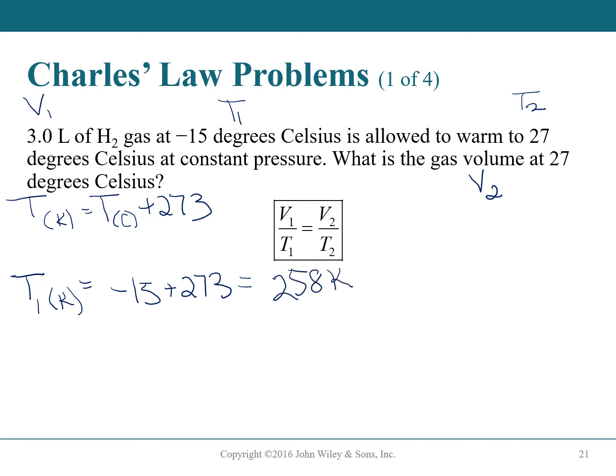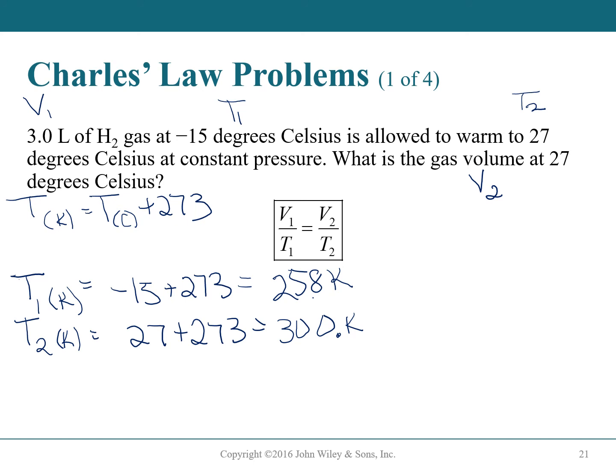Let's convert T2 now. So T2 in Kelvin is equal to 27 degrees Celsius plus 273. And what we get should be 300. The decimal point here, just to remind us, is 3 significant figures.